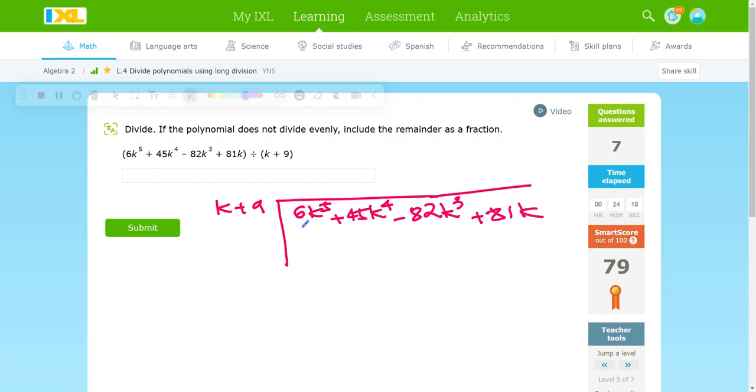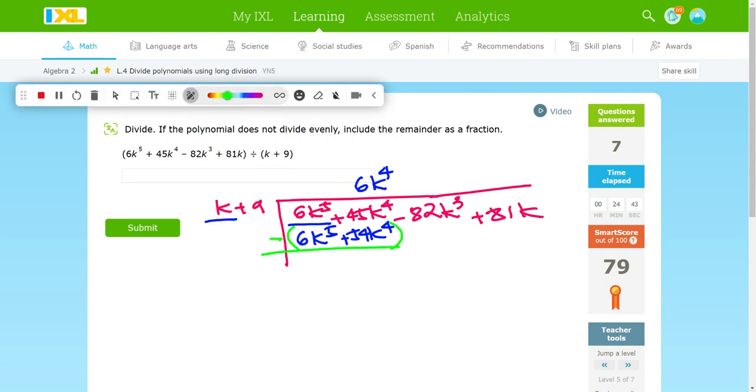Okay, so 6k to the 5th divided by k should come out 6k to the 4th. Okay, multiply them back, it's 6k to the 5th, and then 6k to the 4th times 9 is 54k to the 4th. Okay. Now, next step, put in parentheses and then subtract.